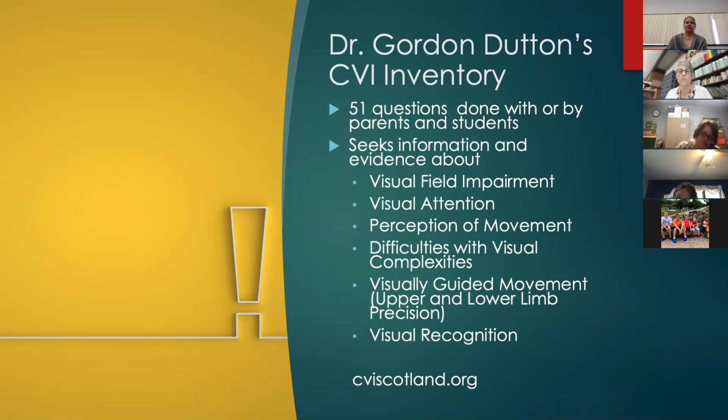He has developed an inventory, okay, and his inventory is more brain-based. Remember, he talked about the different parts of the brain, the occipital lobe, the temporal lobes, the parietal lobes, the frontal lobe, okay? They have different functions, right?